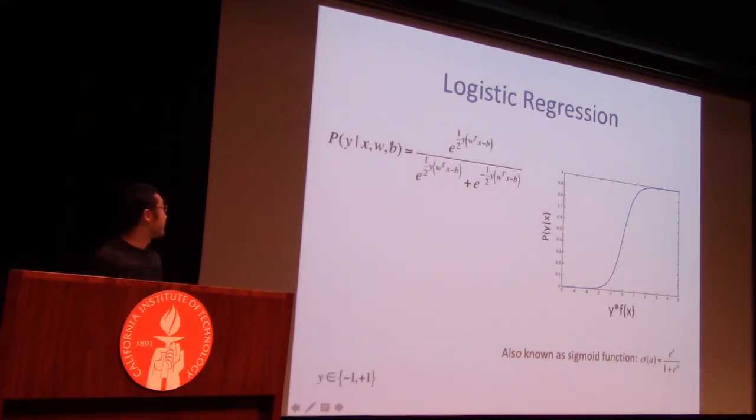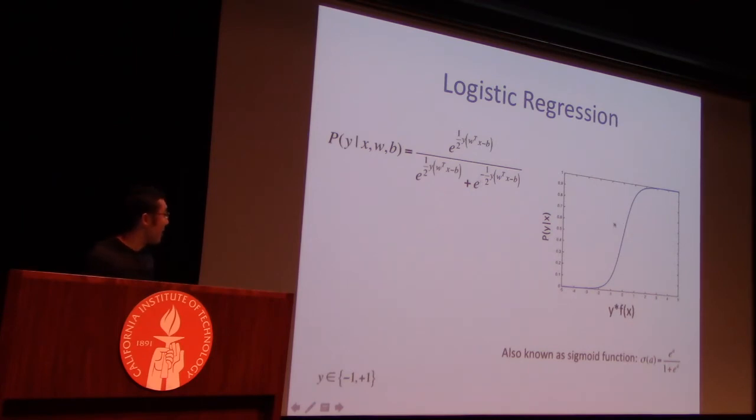And this is the formula. We still have this linear scoring function, but it's in an exponent. You put it into an exponent, and then we normalize by the label or its opposite label. That's why this negative is here.